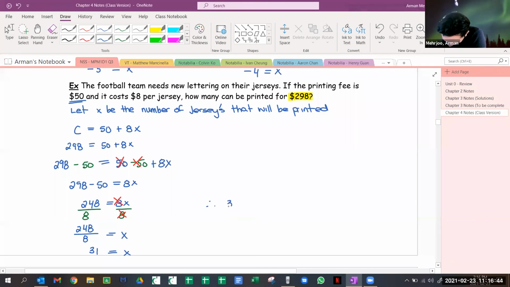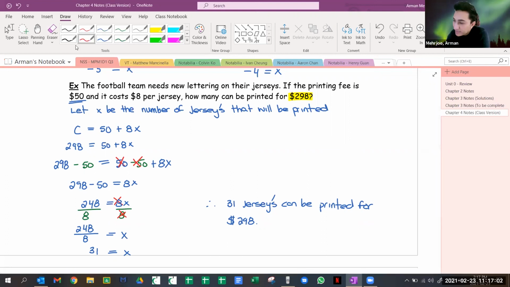Therefore, 31 jerseys can be printed for $298.